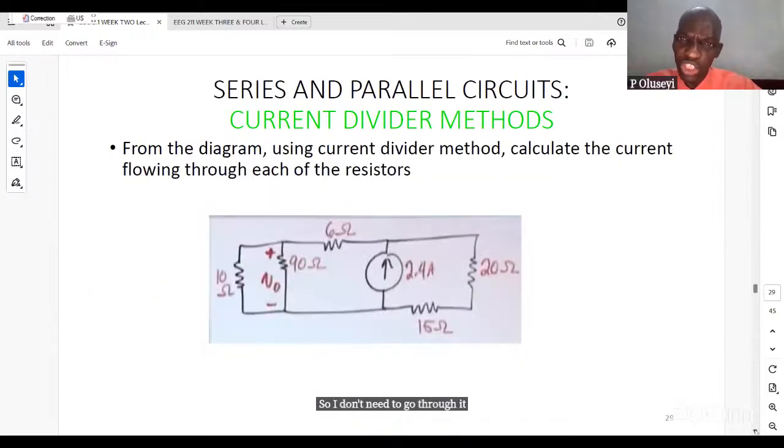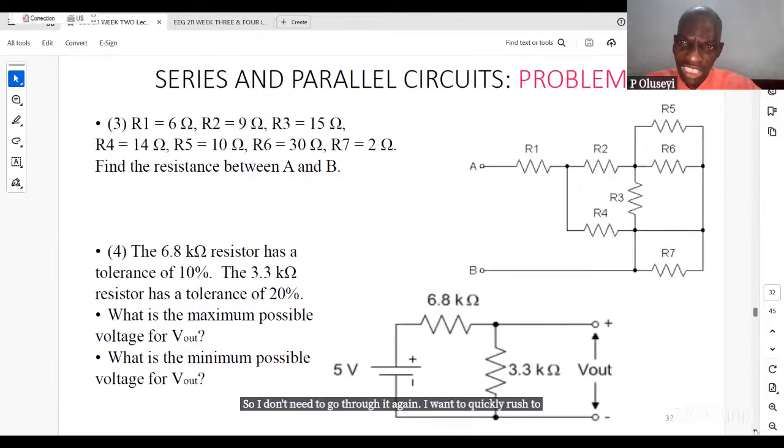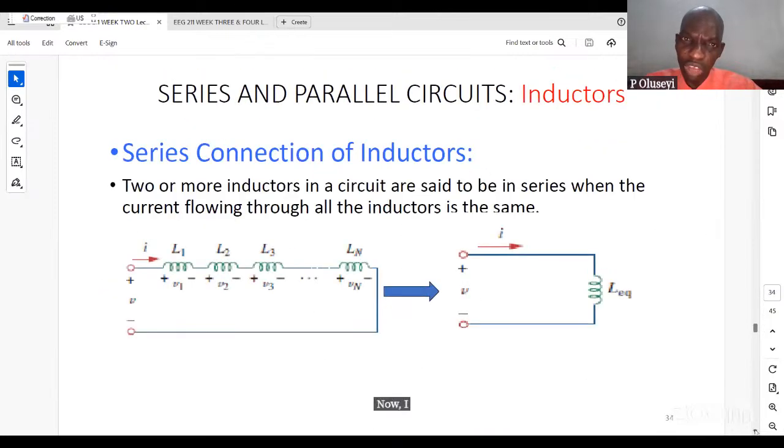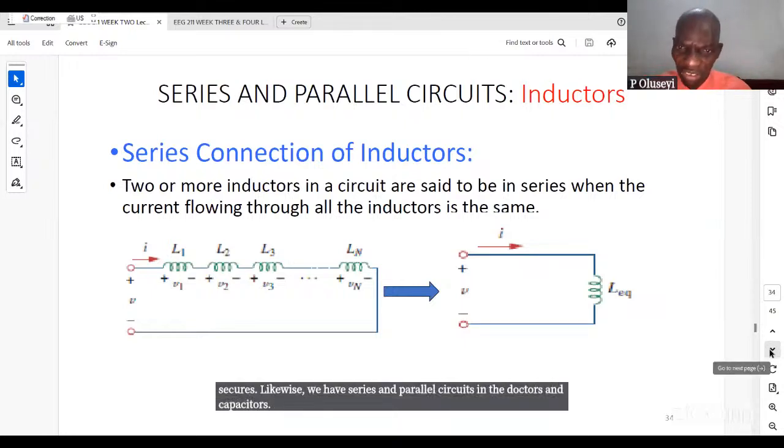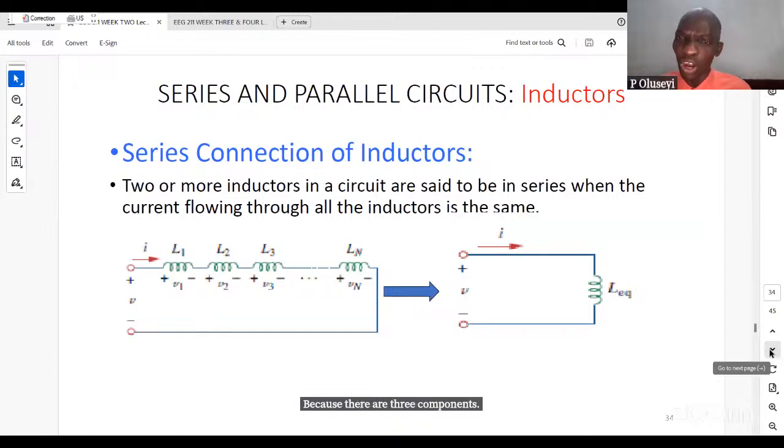I want to quickly rush to, because we are talking of series and parallel circuits, likewise we have series and parallel circuits in inductors and capacitors, because there are three components that make up your circuits: resistors, inductors, and capacitors.